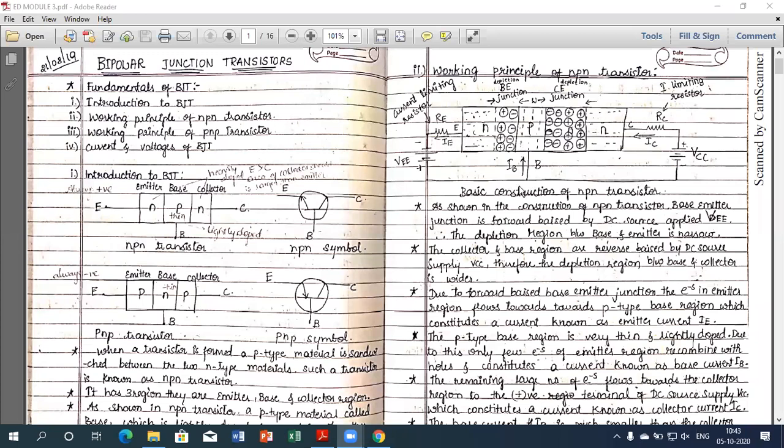What happens to the emitter base junction when it is forward biased, and what happens to the collector base junction when it is reverse biased. This is what we have discussed, and how the emitter current flows through the transistor, causing base current and collector current.